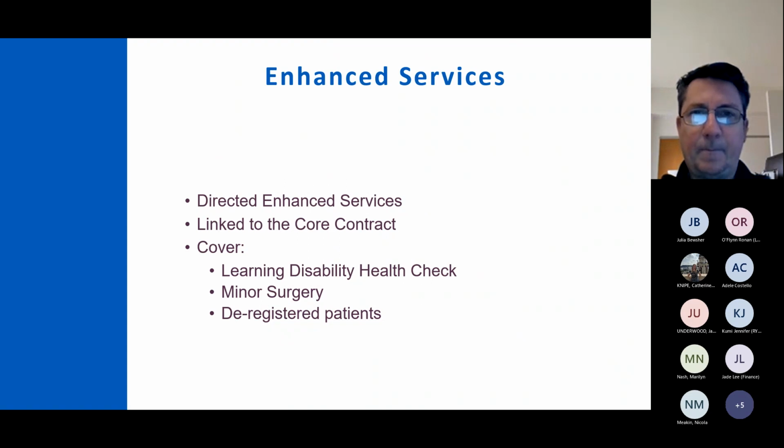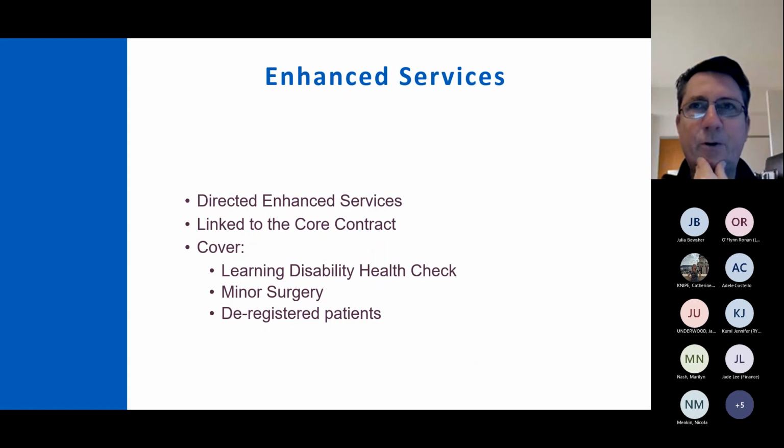Enhanced services tend to be direct services that you've negotiated with your local commissioner. Obviously, it used to be a CCG, and now it's the ICBs. This mainly covers things like minor surgery, so lumps and bumps that are taken off.